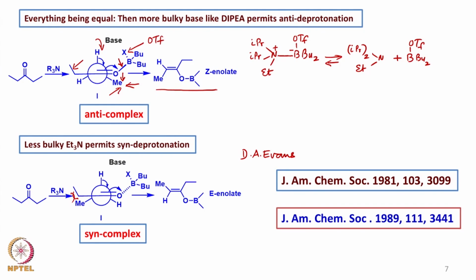And if the methyl group goes into the other direction, then of course we would expect the E enolate to form, but that does not happen in the case when we have large bases such as Hunig's base or diisopropyl ethylamine, because they are in equilibrium, and therefore the boron can easily interact with the oxygen and keep itself away from the methyl group.